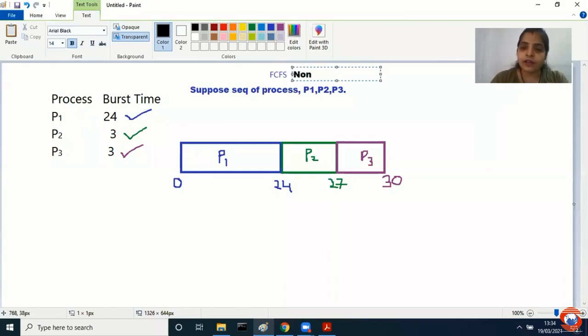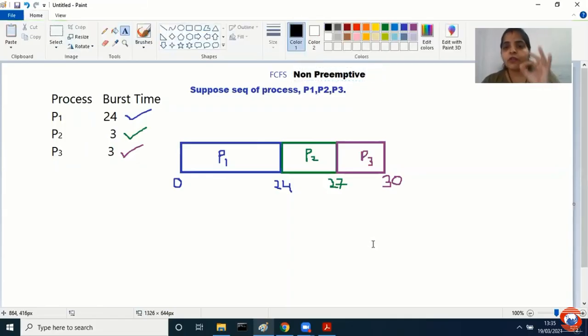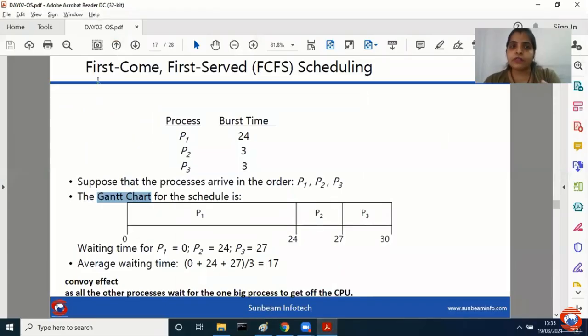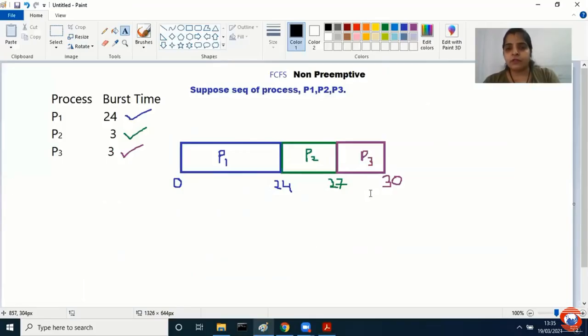It will be 100% non-preemptive. Because जब तक पहला process execution complete नहीं करता है, next process will not be taken. This category of algorithm is called non-preemptive. So we can say that first come, first serve algorithm is a non-preemptive algorithm. समझ में आया अभी कैसे कैटेगराइज करना है, preemptive क्या है, non-preemptive क्या है?